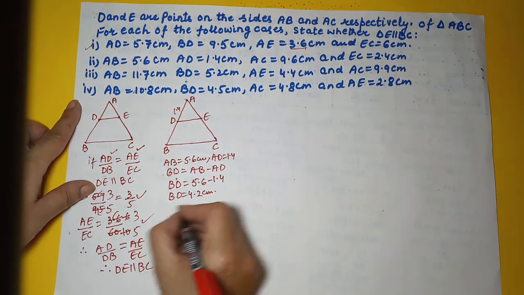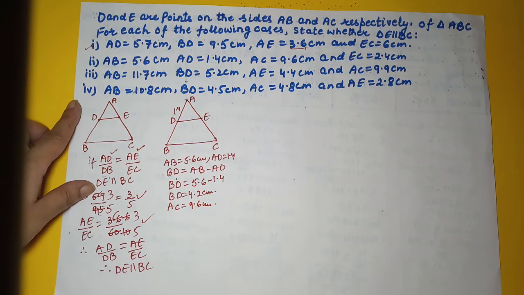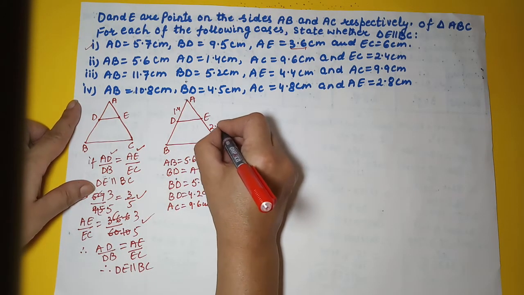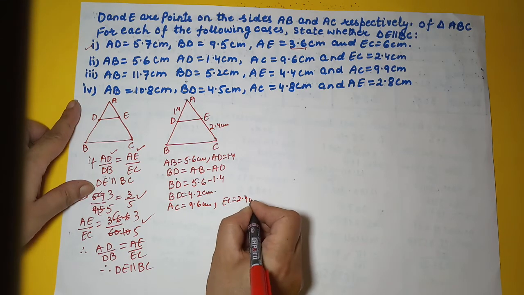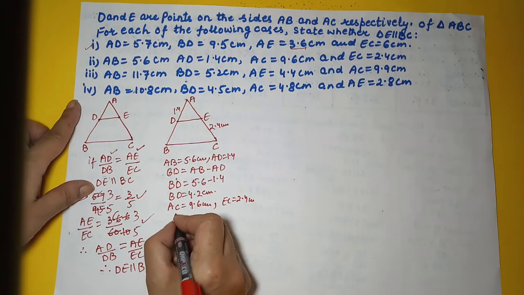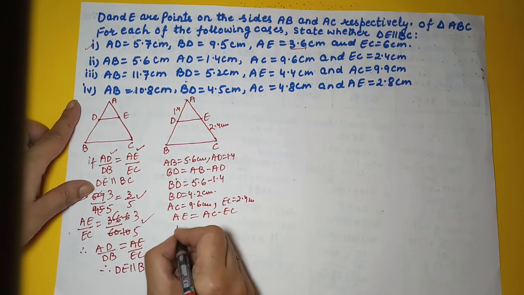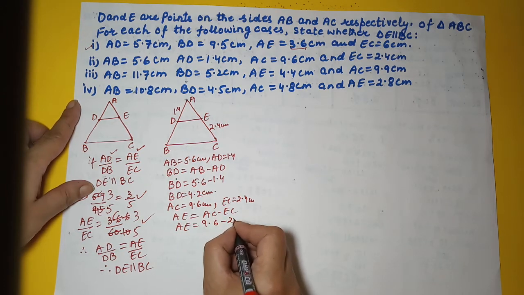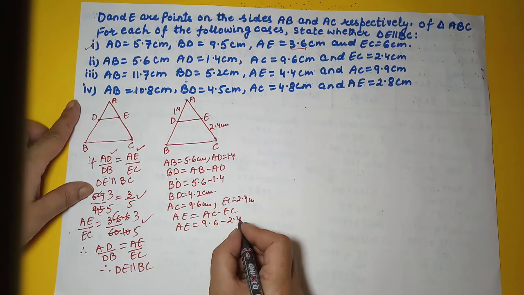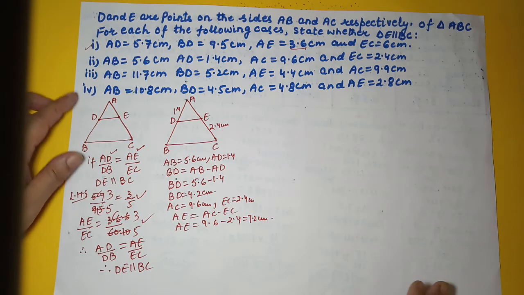Entire AC is given 9.6 centimeters and EC is given 2.4 centimeters, right? EC is given 2.4 centimeters. So I want AE. So can I calculate AE? Yes, AC minus EC. So my AE will be 9.6 minus 2.4, so that is 7.2 centimeters, right?